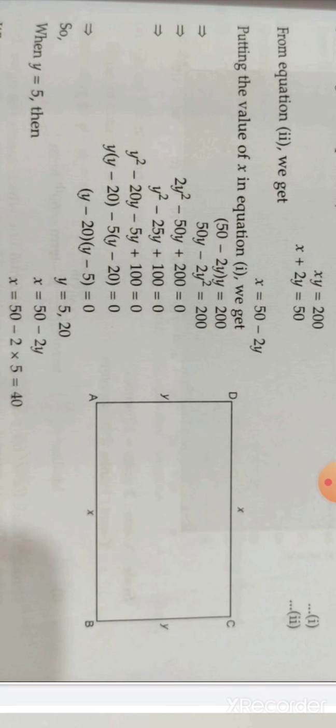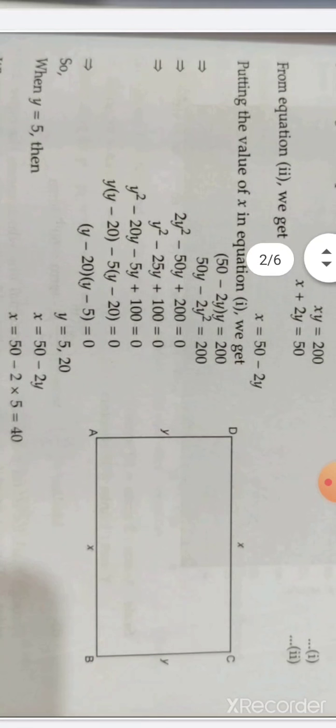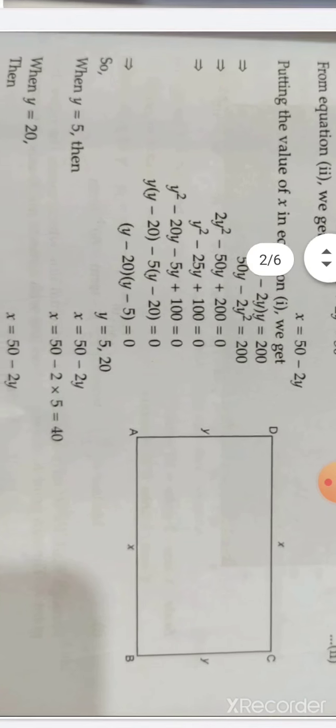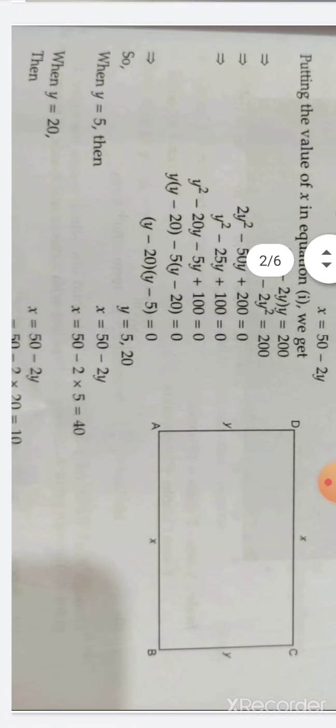So y common from first two terms in the bracket, y minus 20, minus 5 common in the bracket, y minus 20 is equal to 0. So (y minus 20)(y minus 5) is equal to 0. We get two values, y is equal to 5 and y is equal to 20.